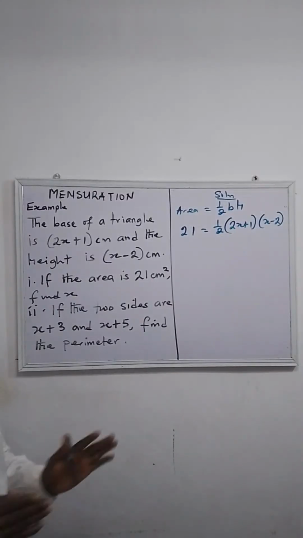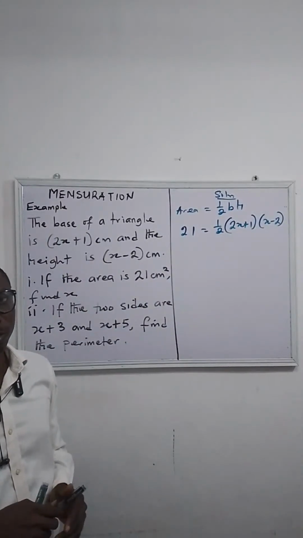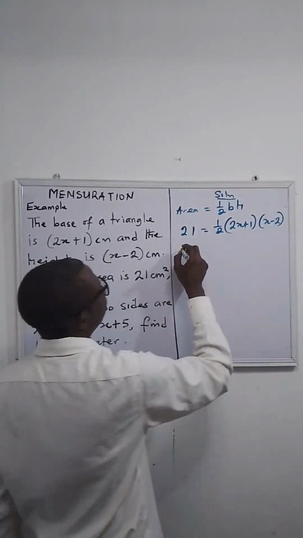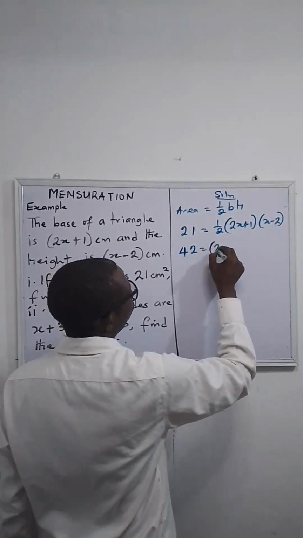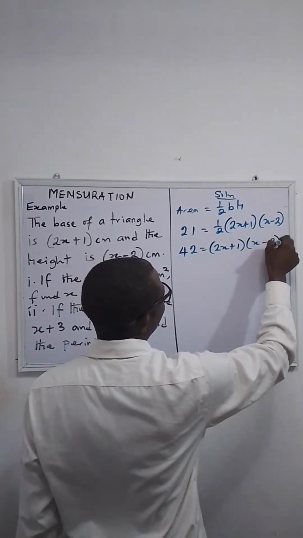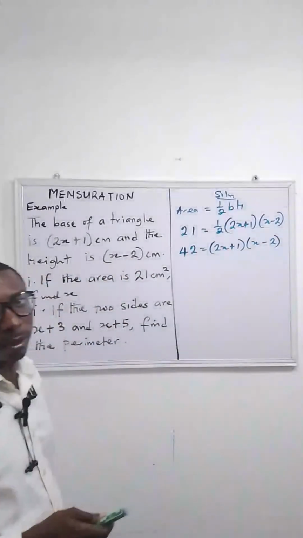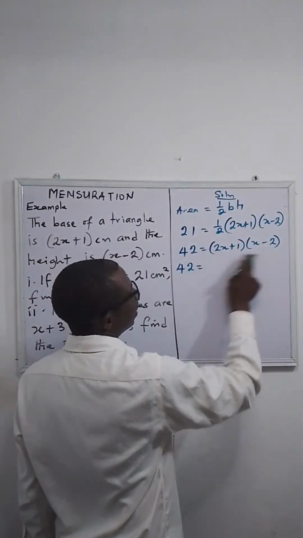Okay, the next thing now is to clear this fraction. So you multiply both sides by 2. We have 42 equals 2x plus 1 bracket x minus 2. Now let's expand this.